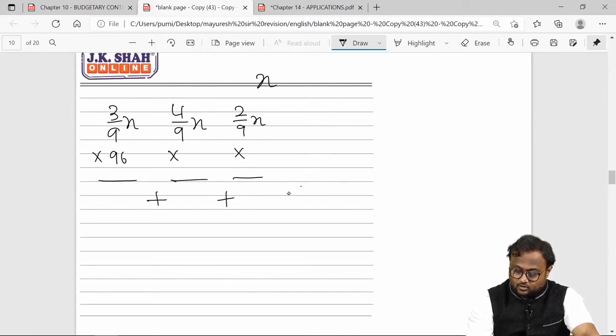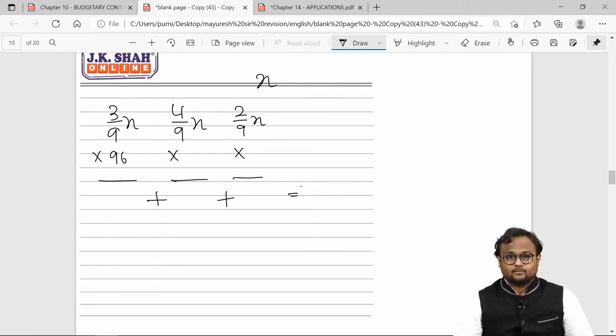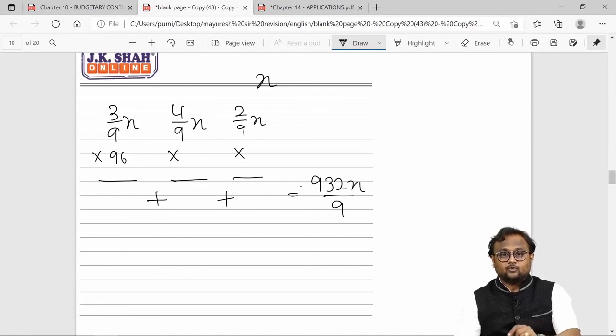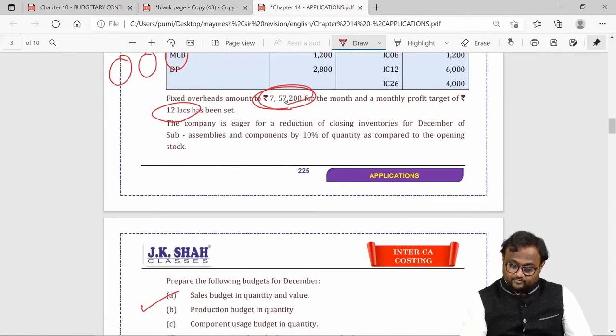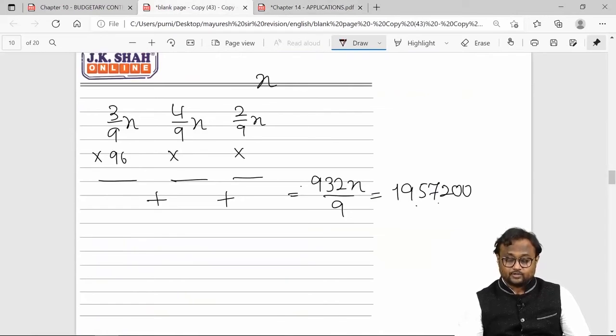If you add all three, you will get some figure. So once you do this, you will get the answer as 932X upon 9. Now 932X upon 9 is nothing but your total contribution, 19,57,200. You already decided that 19,57,200 should be my contribution to recover the fixed cost and to earn profit.